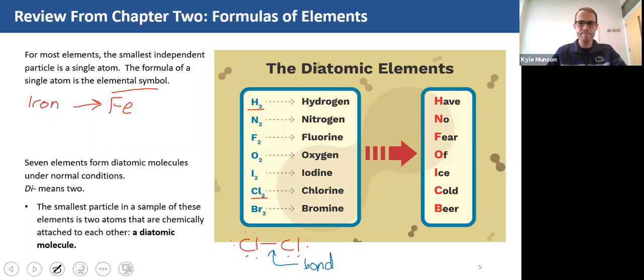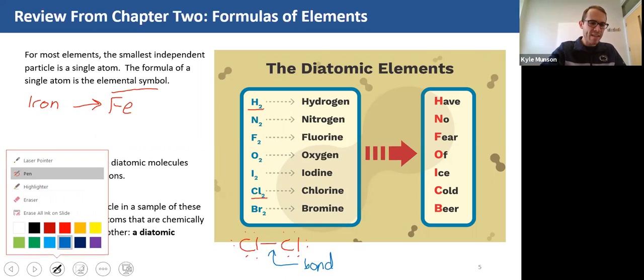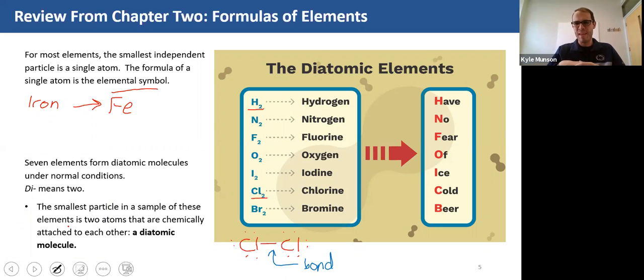And so we can remember these molecules by using this acronym. It's a way to memorize it. It's kind of early here, but it's: have no fear of ice cold beer. So that's hydrogen, nitrogen, fluorine, oxygen, iodine, chlorine, and bromine.